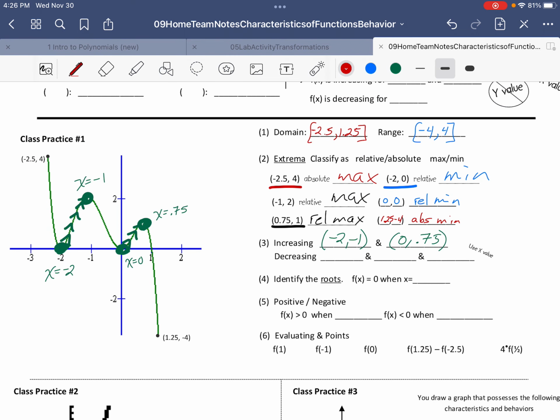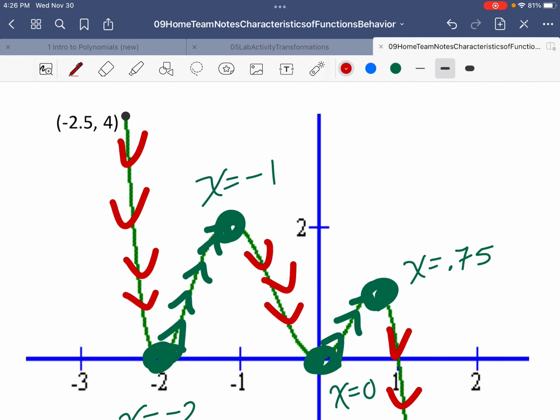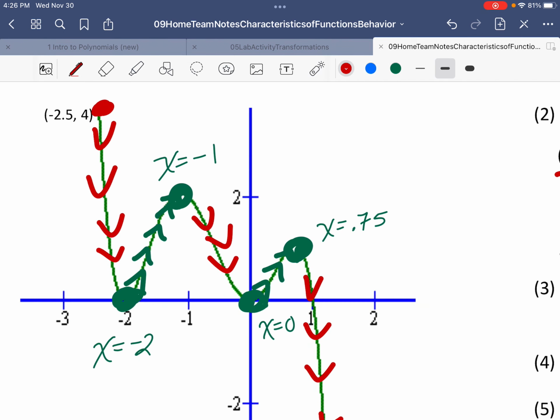Now the graph is decreasing when I'm going down. If this was a roller coaster ride, I'd be going down in these 3 red regions. But whenever I give a location, I always want to give it as an x value. So what's the x value of these two endpoints? Well, they both were already given, but to highlight them again, this x value is negative 0.25, and this x value is negative 2.